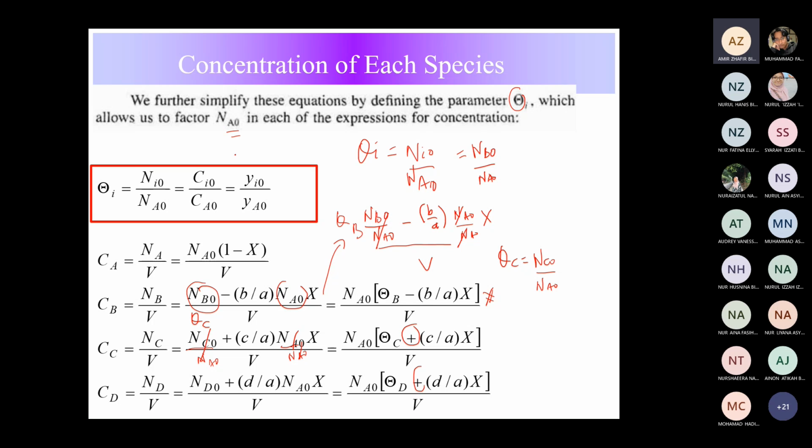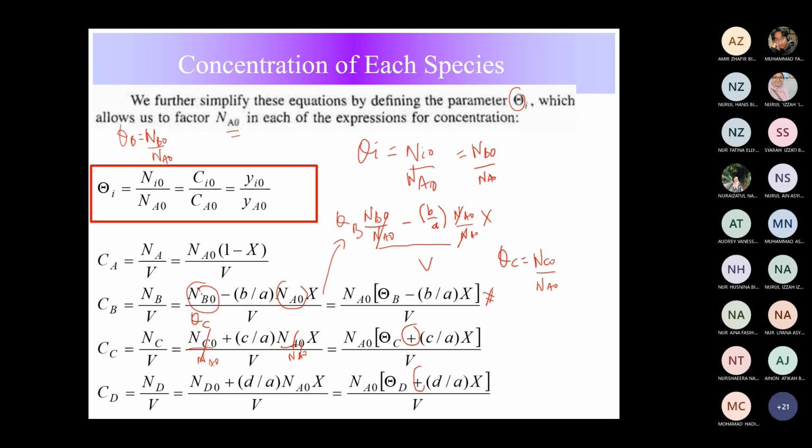Mula-mula kita tengok definition of theta ni kan. Okay, let's say kita concentrate pada theta B dulu. So, dia akan jadi theta B is equal to, sebab ini kita nak replace with B, right? So, it become N B naught over N A naught. Alright, so kalau you tengok initially equation ni, macam mana you nak jadikan dia theta? Kalau you tengok ni dia kena over with NA naught, betul tak?